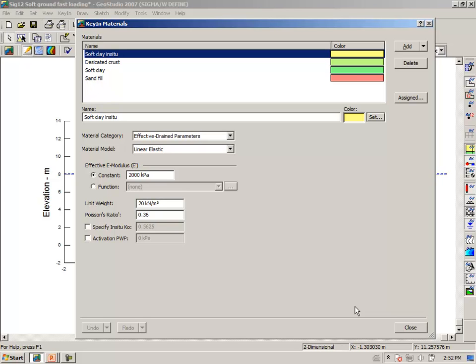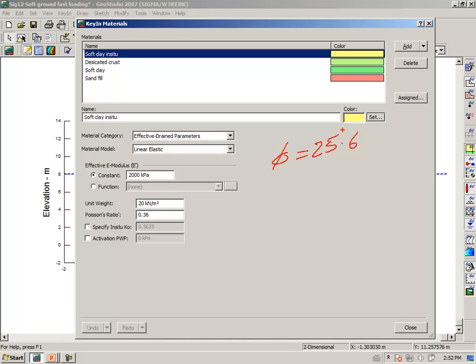As we will see in a moment, the soft clay is going to be represented with a modified Cam clay type of constitutive relationship, and the friction angle that we are going to use is phi equal to 25.6.